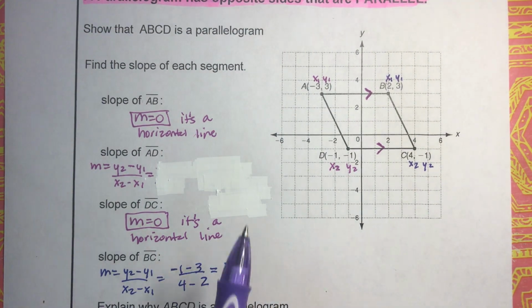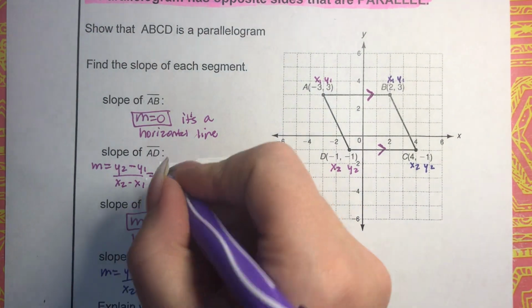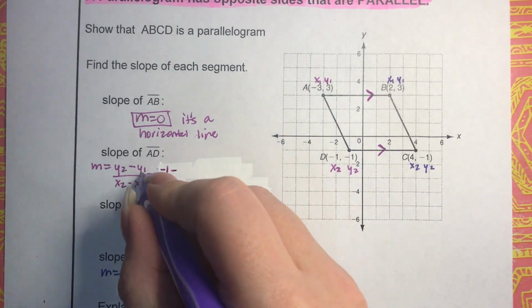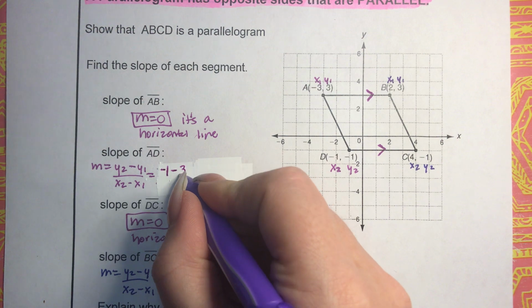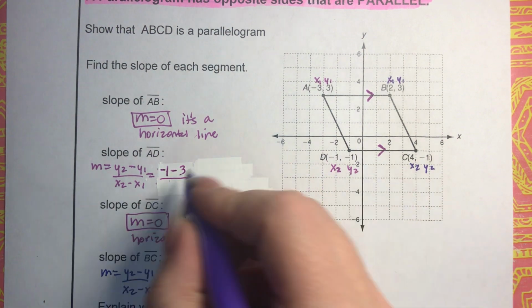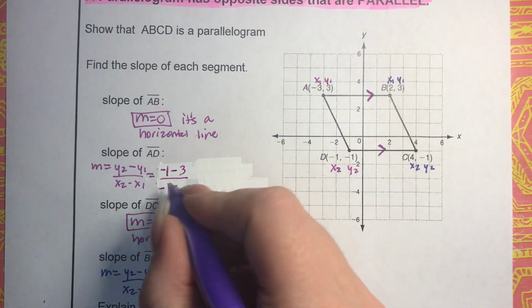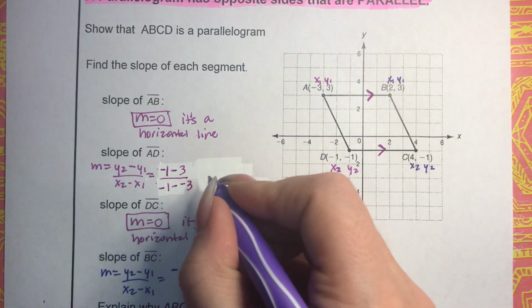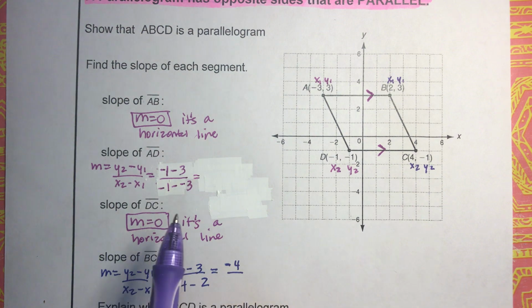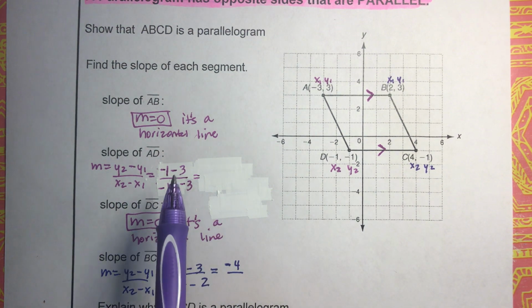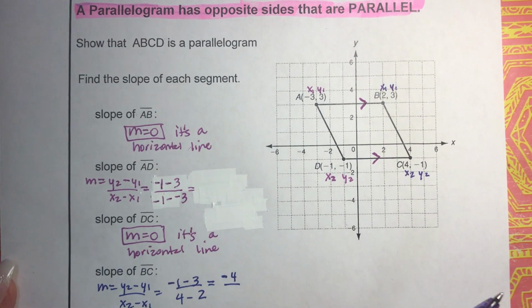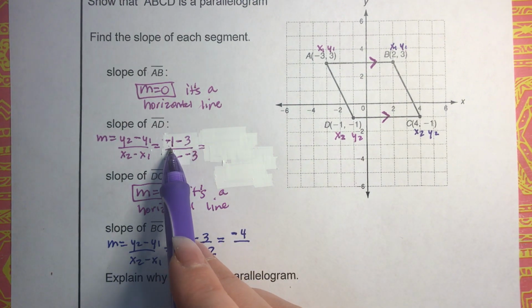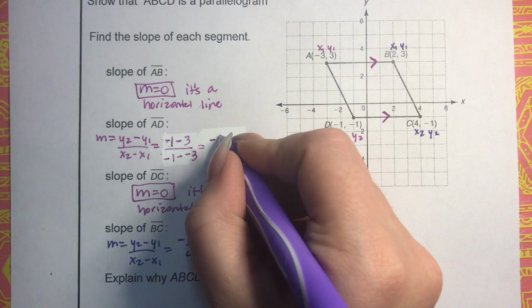All right, so we're going to start over here. Y2 is -1 minus Y1 is 3, over X2 is -1 minus X1 is -3. Okay, so -1 minus 3 is -4.